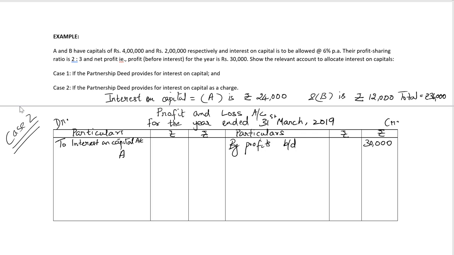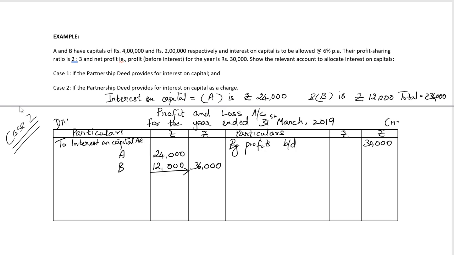For A it is 24,000, and for B we'll give 12,000, and the total IOC allowed is 36,000. Now we are left with a loss of rupees 6,000.